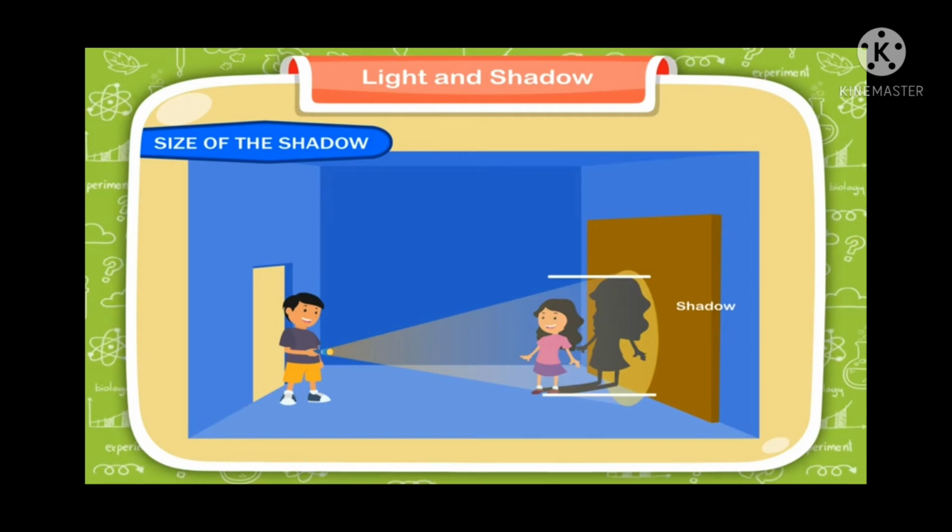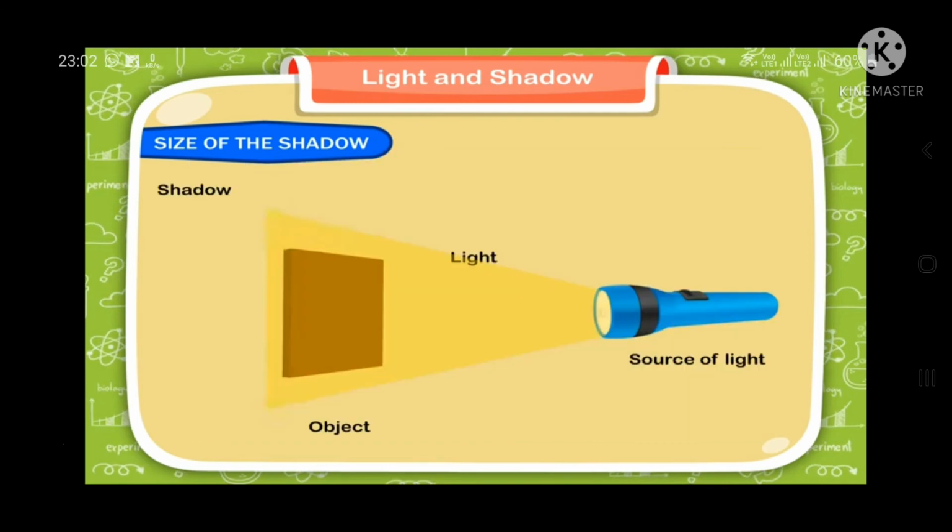You can see a shadow equal to the size of your brother or sister. Now ask your brother or sister to slightly move forward from the cardboard screen. What do you observe? You will see the size of the shadow is different from the size of your brother or sister.